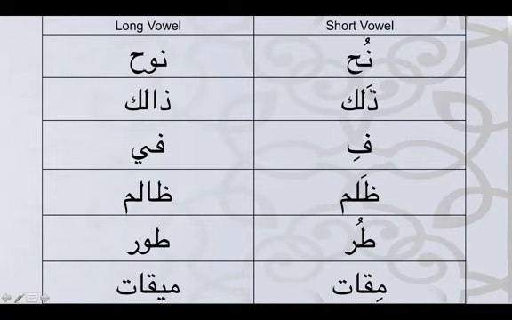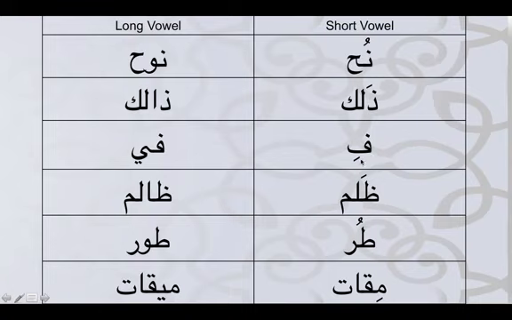So the difference between the fatha and the alif is just the a versus the a. Dhalik versus dhalik. So just like the beat examples that we did in English just a second ago, this is a long vowel, this is dhalik, this is a short vowel, this is dhalik.